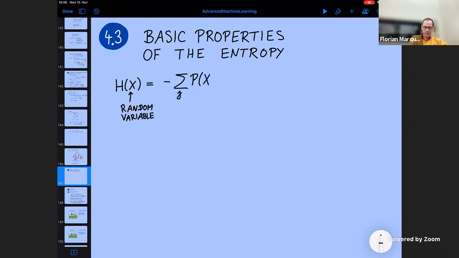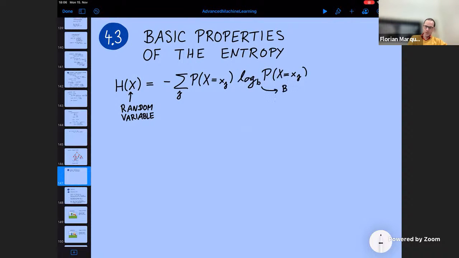Probability of the random variable assuming the value little x_j, this is one of the discrete values, times the logarithm of p of x equals x_j. And to make it really clear, we put a base to the logarithm.